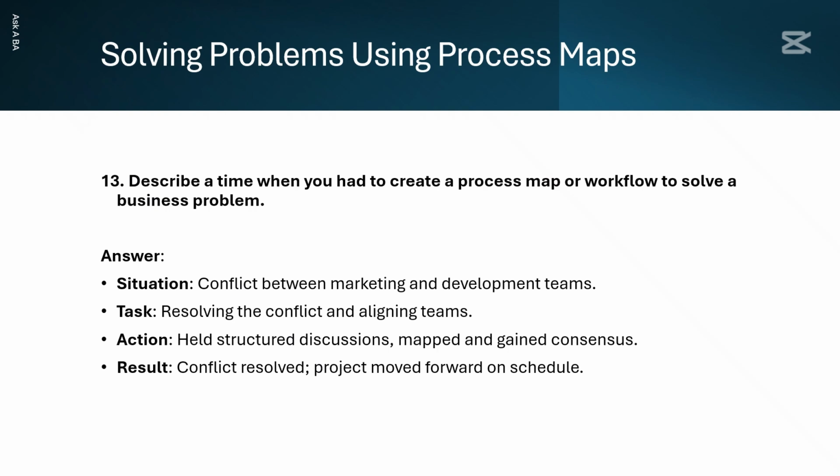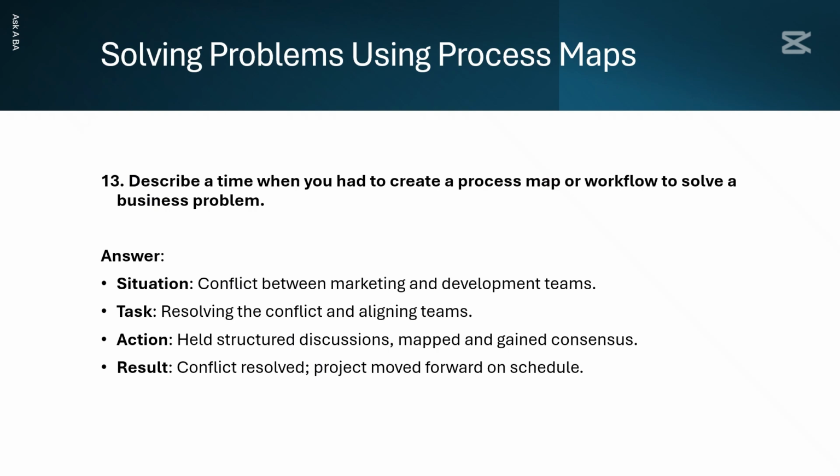Now, suppose you've been asked a question at an interview and it says, describe a time when you had to create a process map or workflow to solve a business problem. If you break this question into your STAR method, the situation can be a conflict between two departments.